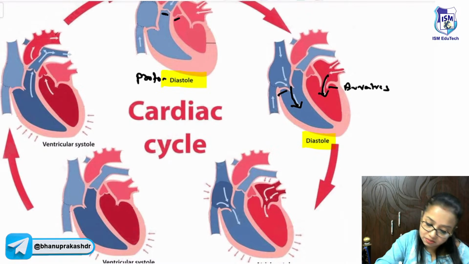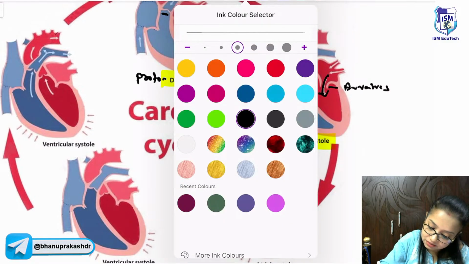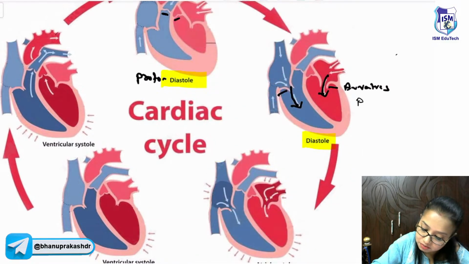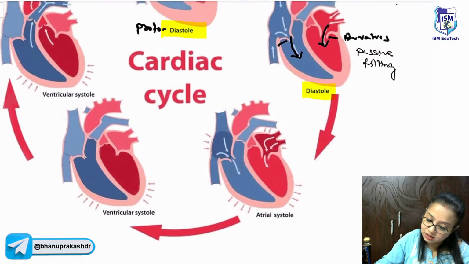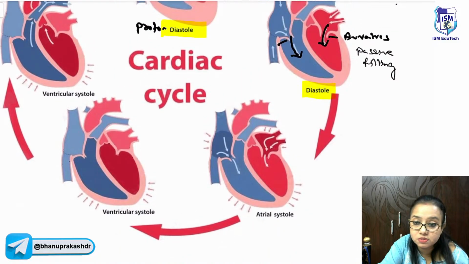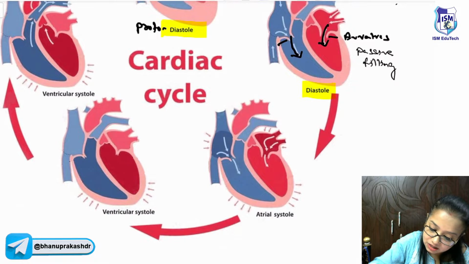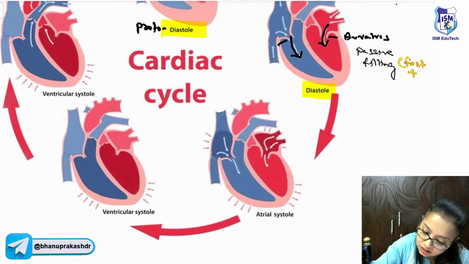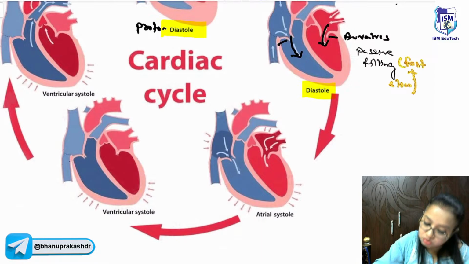So they have opened up, and there is this passive filling of the blood. After the passive filling happens in two phases of speed, one is the fast and another one is the slow.